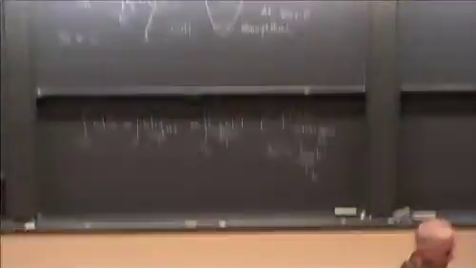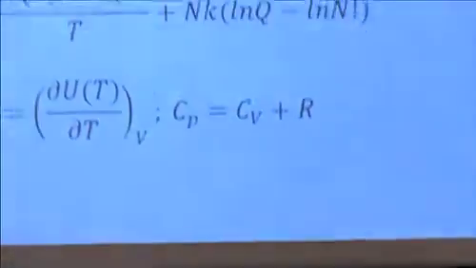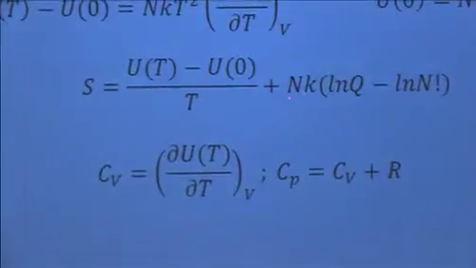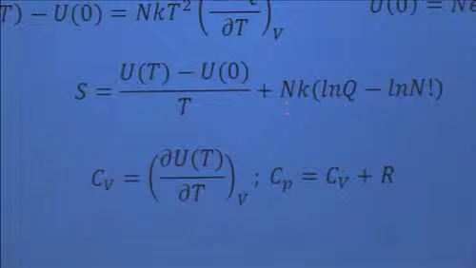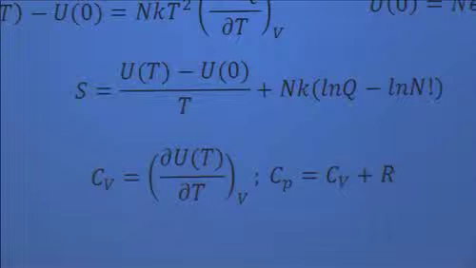Because the spectroscopic parameters, the rotational constants, the vibrational frequencies, especially for stable molecules, are very well known, then we can get very accurate entropies by using this equation here, which depends on (U_T minus U_0) divided by temperature plus nk, and for molar quantities this will be the Avogadro number, times log Q minus log N factorial.